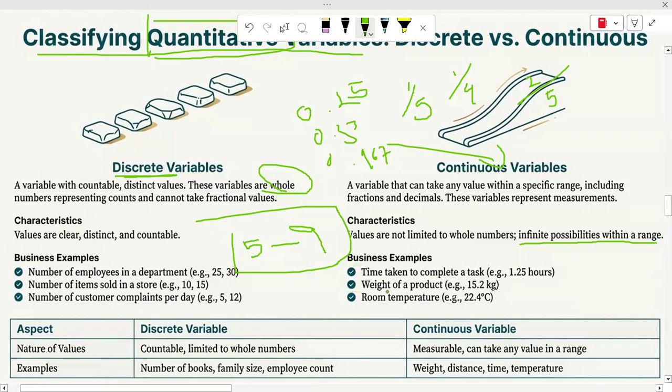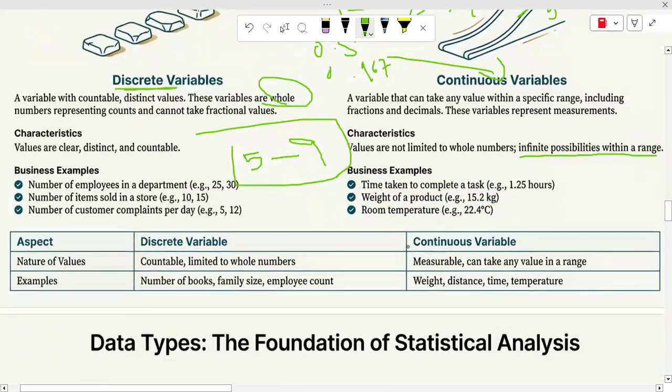Room temperature: 22.4, 23, 27, 28.9, 28.9997. These may take fractional numbers and decimal numbers, including whole numbers.